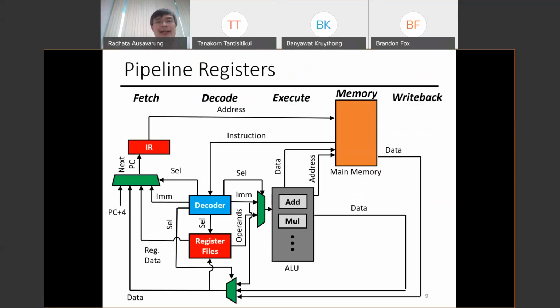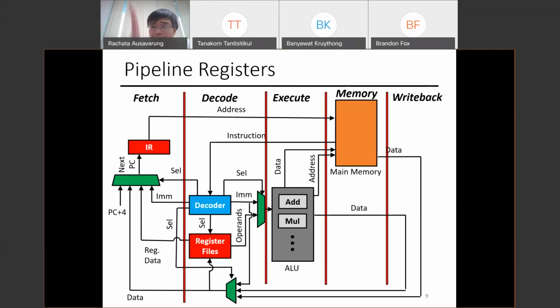Right? And here's what happens when you put in the pipeline register. I would denote it as this vertical red box. Every time you have data going across the red box, something like this, these data and address, these outputs, and then all the selects over here.